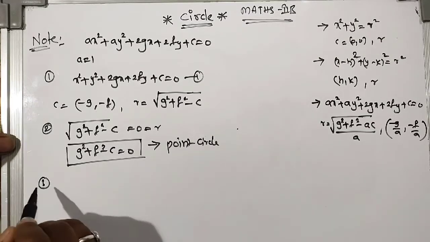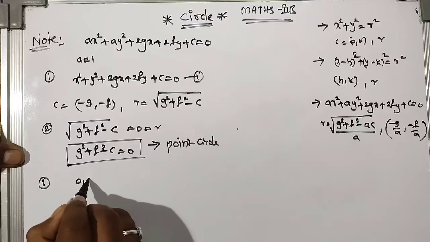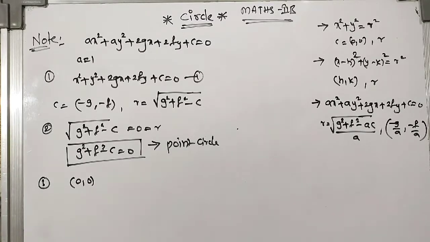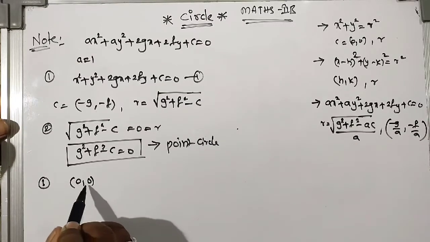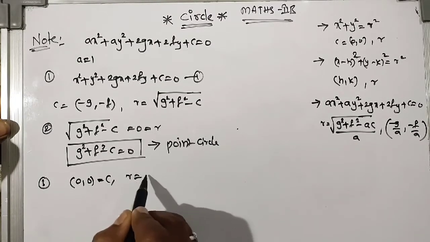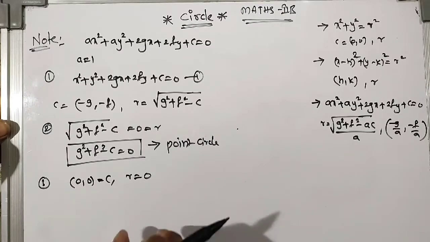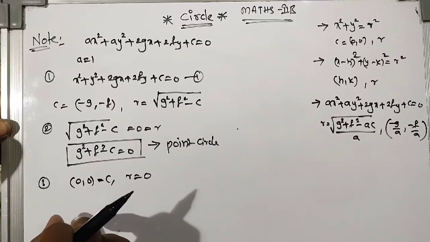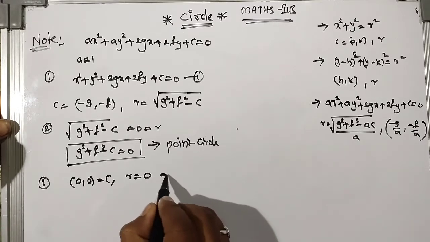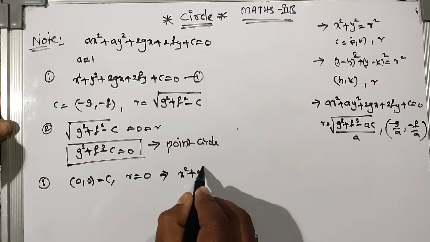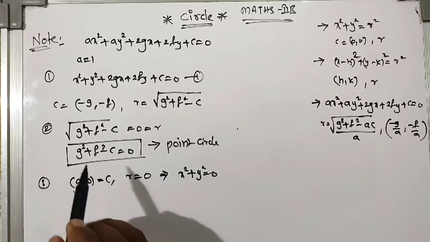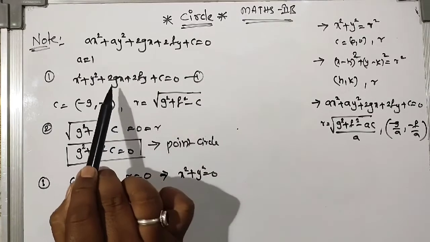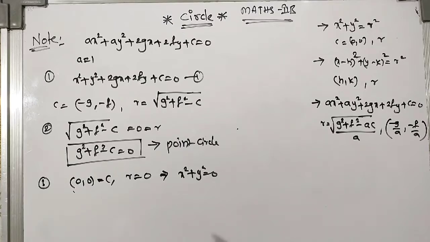When r is equal to 0, when the radius is equal to 0, then the circle is called the point circle. And next point, 0, 0 is the origin, and the origin is the center. For a circle, 0, 0 is the center, and then r becomes 0. That is, the radius is 0 and the origin becomes the center here. Then the circle equation will be x square plus y square is equal to 0.